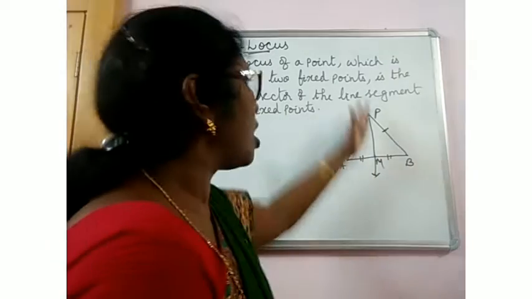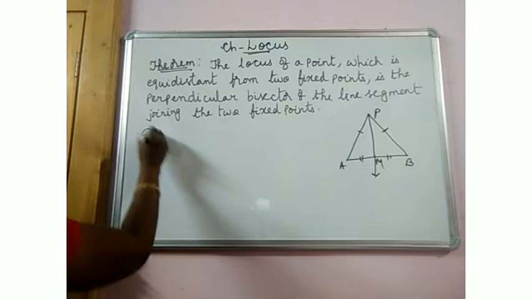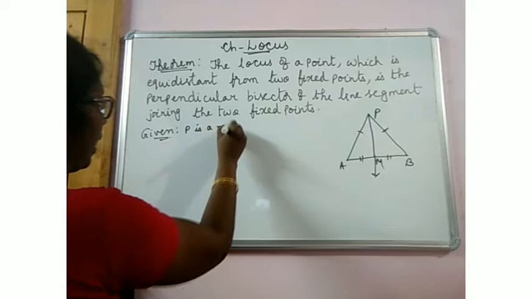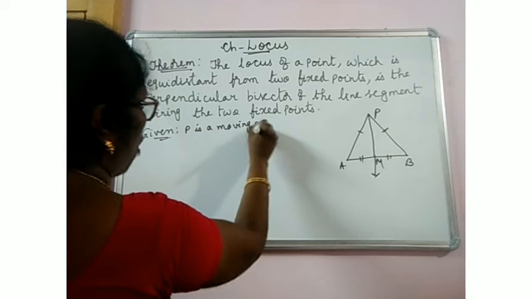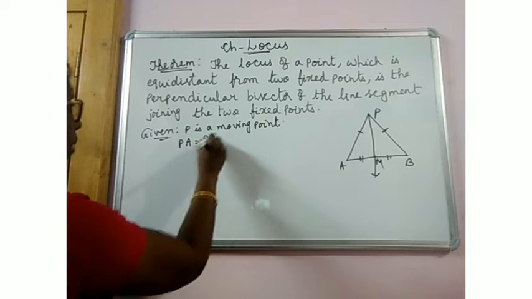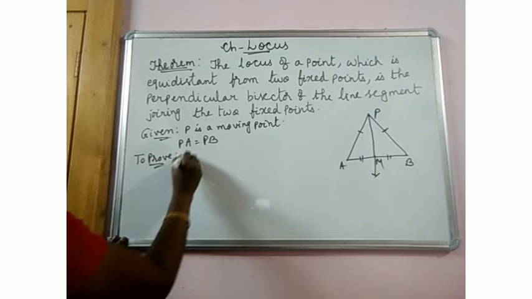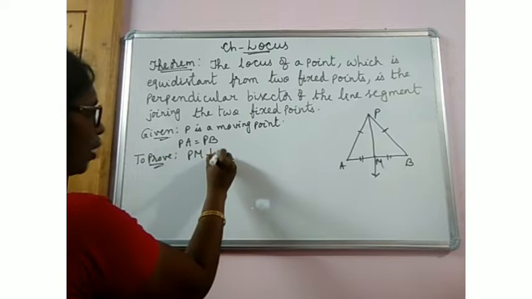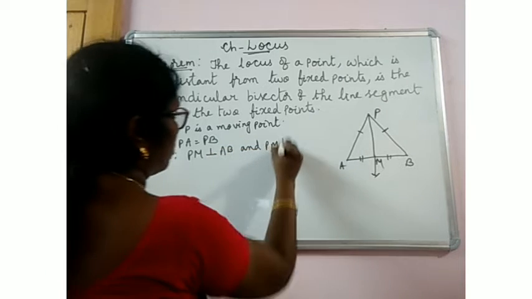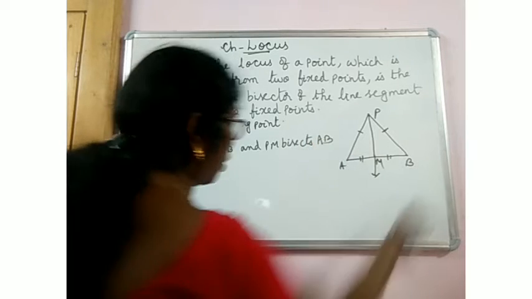We have to prove that PM is perpendicular to AB. What is given is P is a moving point and PA is equal to PB. We have to prove that PM is perpendicular to AB and also PM bisects AB.